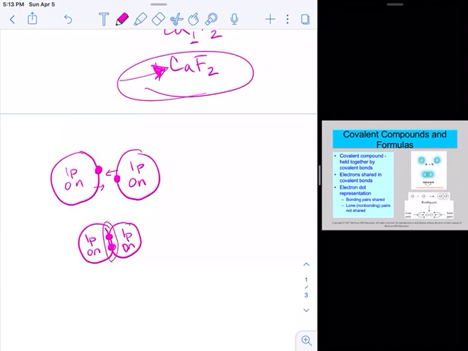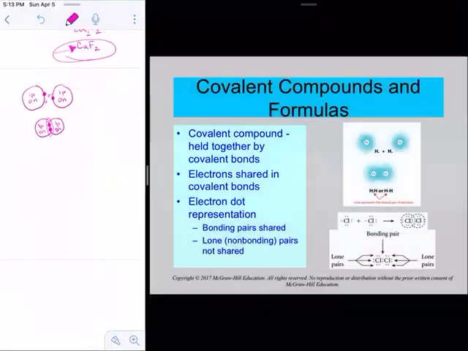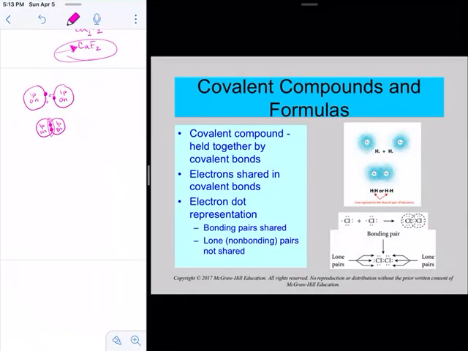Now, they're sharing these 2 electrons right here. So now they're okay because of that being shared like that. But they have to bond together in order to do that. So that's what it's showing in this picture over here. It's showing these guys being paired together.